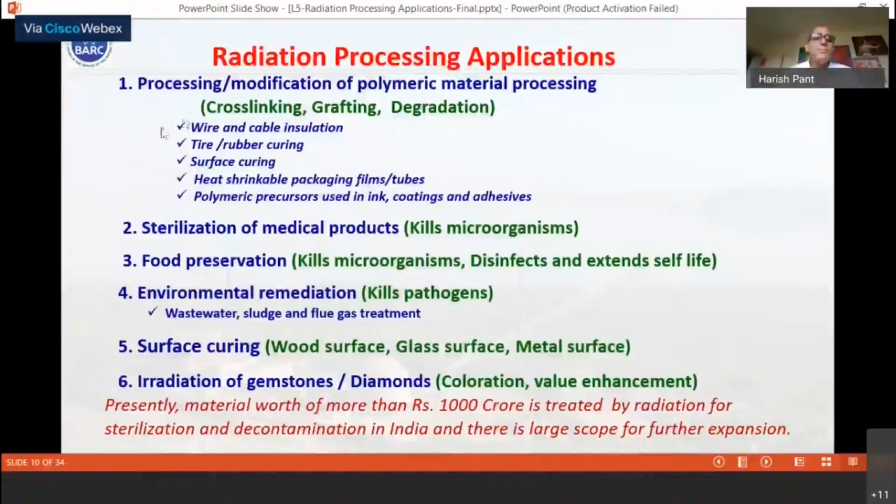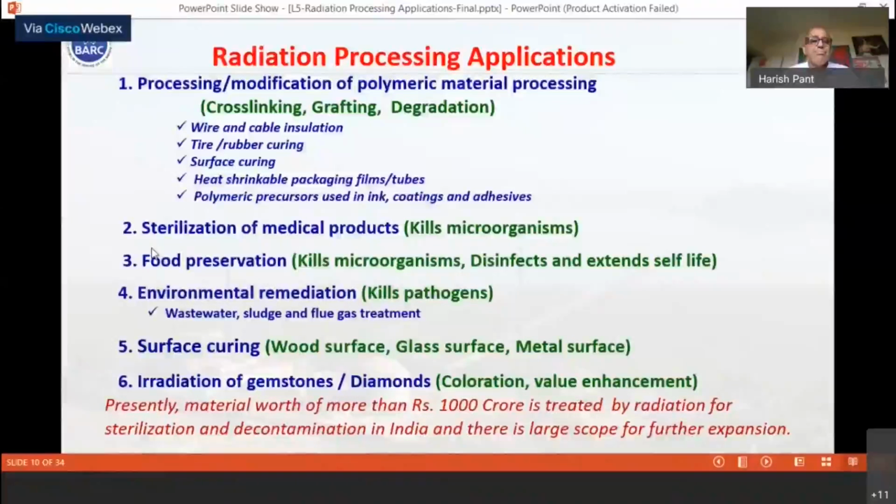And some of the applications are wire and cable insulation, tires, rubber tire curing, surface curing, heat shrinkable packages and films, and polymeric precursors used in ink, coating, and adhesive. So there are many applications of these polymeric materials in industry.